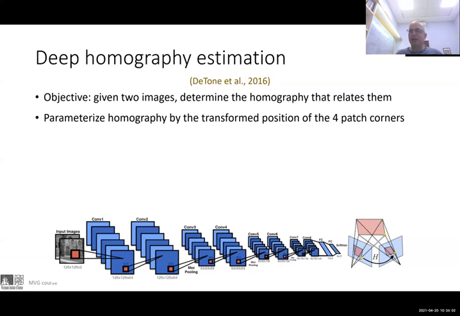Anybody thinks why this is better to do than directly using the parameters of H? And again, the assumption is that the two images are related by a homography.